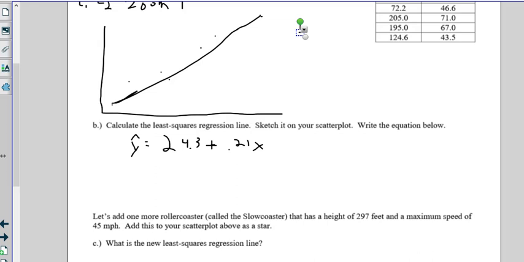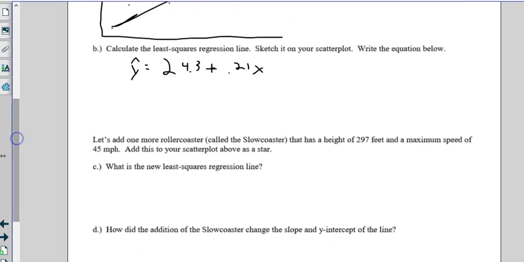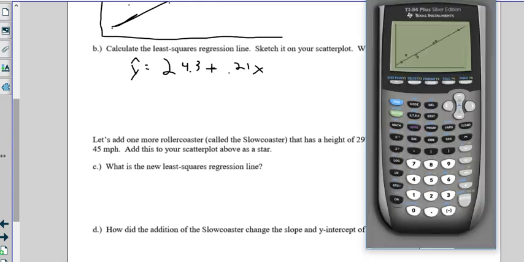We're almost there. Let's go. So, it says, let's add one more roller coaster. So, go back to your calculator. Go back to Stat, Edit. Remember the little trick? Go up twice, and you'll be at the bottom of the list.